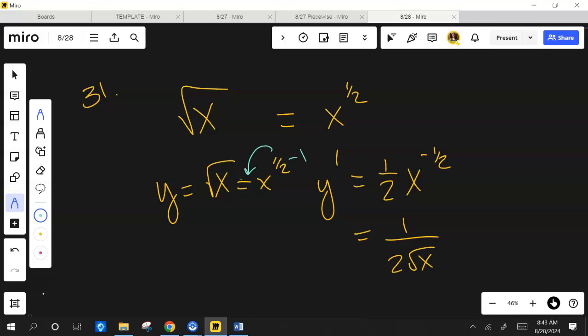What's 1/2 minus 1? What's a negative exponent do? Puts it at the bottom. That's how you find the derivative of a radical. 1/2 minus 1 is negative 1/2. If you have 50 cents and somebody says, give me $1, you're short how much? 50 cents, half a dollar.